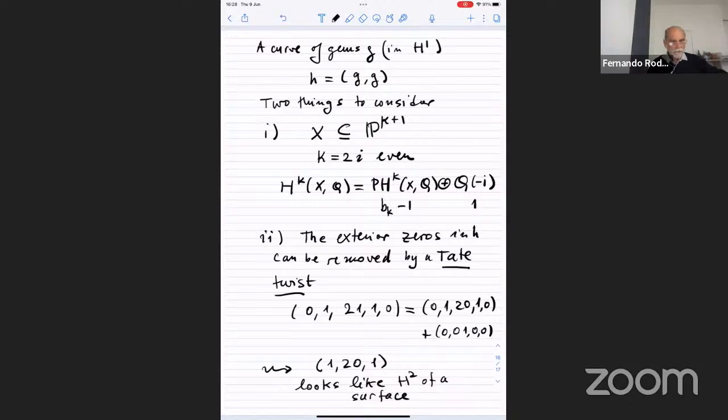And that's what I was saying, that even in the case, for example, of the Legendre elliptic curve, the way this whole setup will make it appear is not as an elliptic curve, but as having been promoted to live in an H3 of a threefold. And that's just the way it is.